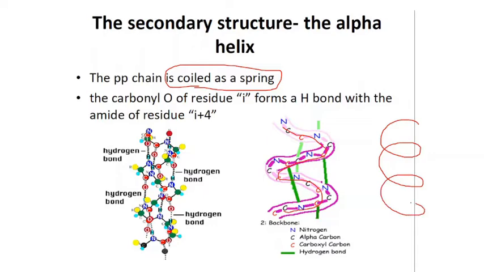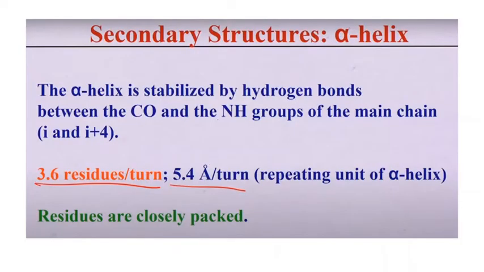So the carbonyl oxygen of one amino acid residue I forms a hydrogen bond with the amide hydrogen of residue I plus 4. Remember that concept. The alpha helix is stabilized by hydrogen bonds between I and I plus 4.